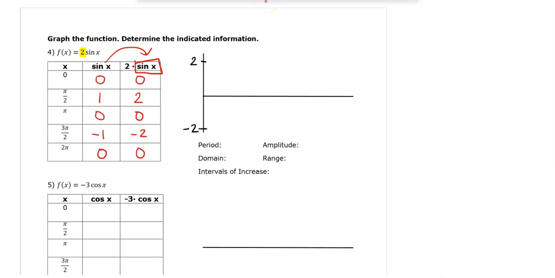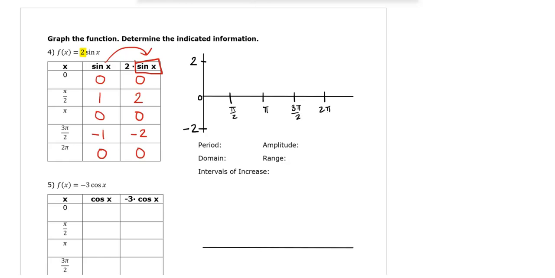And now I can plot my points, essentially. I'm going to mark just a few things: pi over 2, pi, 3 pi over 2, and 2 pi. I don't need to make a tick mark for 0 because this is 0.